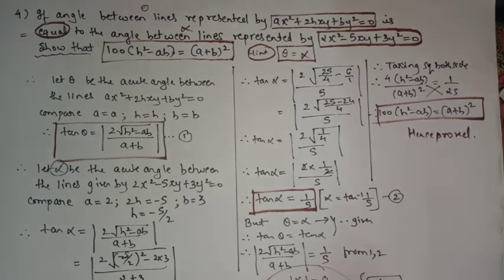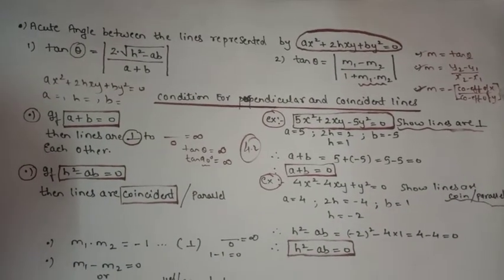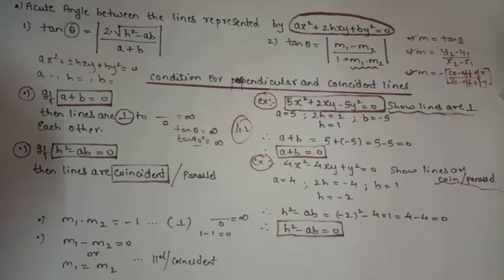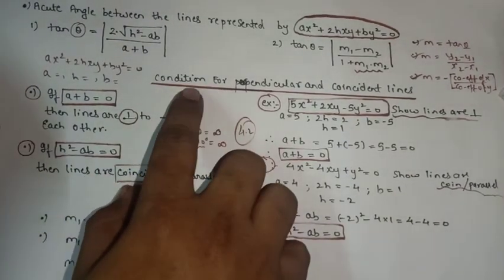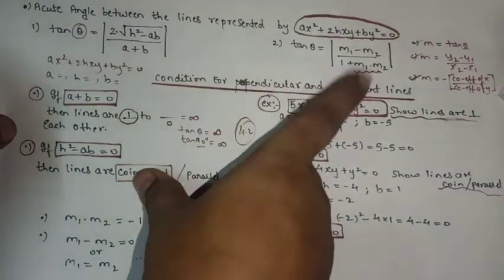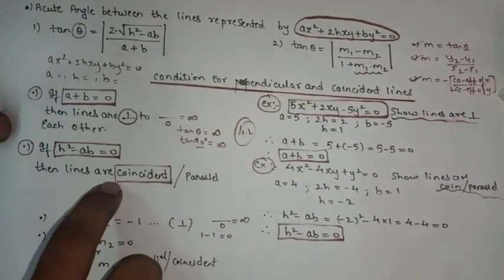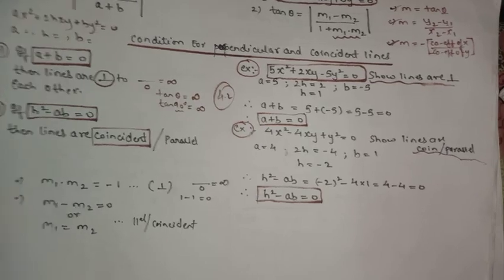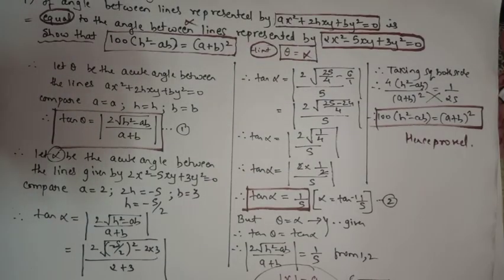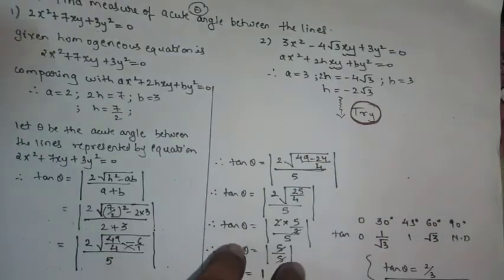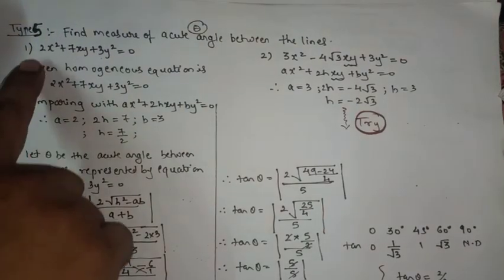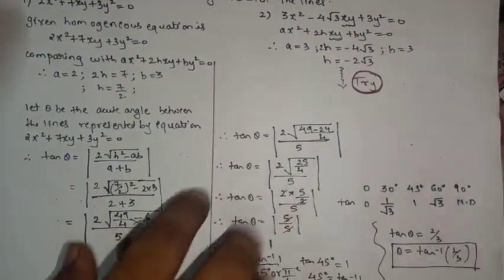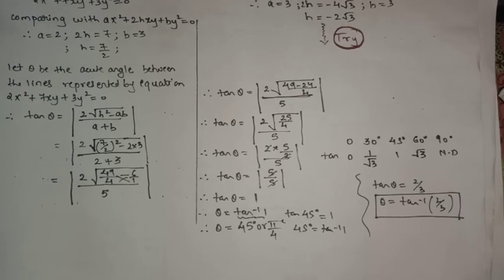So let's have a short revision. We started with the concept. We saw the formula and the condition for the perpendicular and coincident lines, for the first and even for the second one. Then we took two examples with respect to the coefficients.